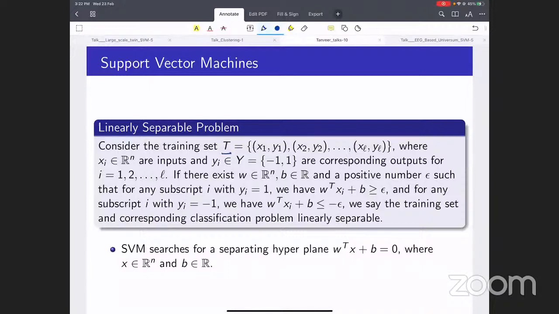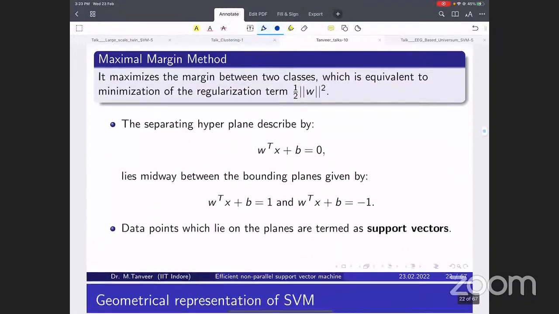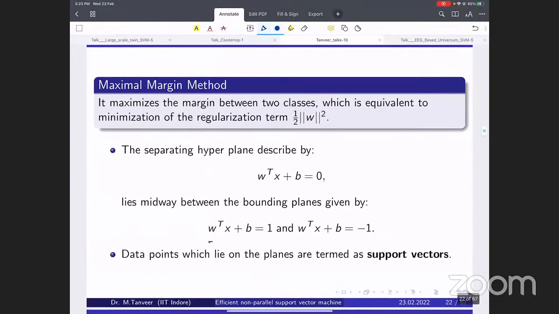Since y is -1 or 1, it is a two-class problem initially, and we can move to the multi-class classification problem later. The idea is to find a separating hyperplane between positive and negative classes, and data points which lie on the planes are termed support vectors.